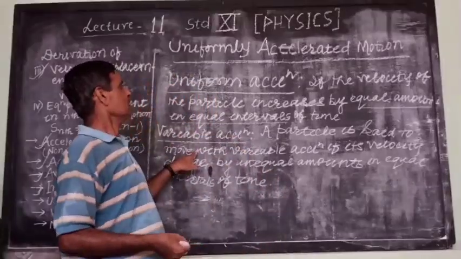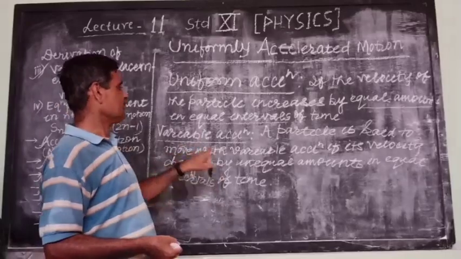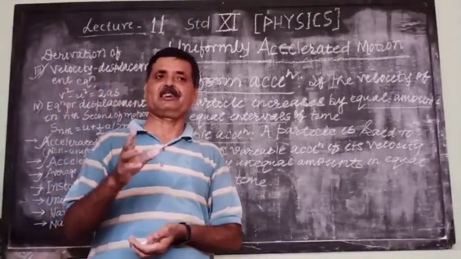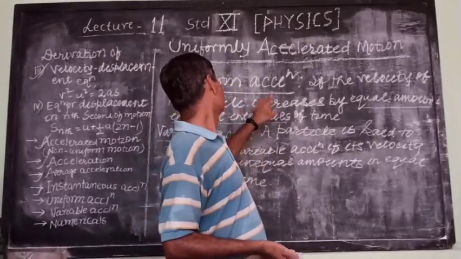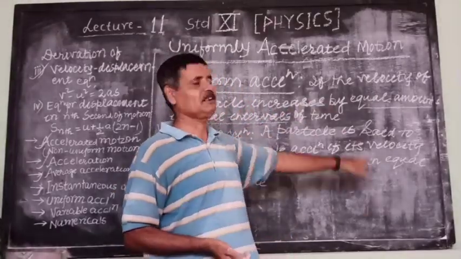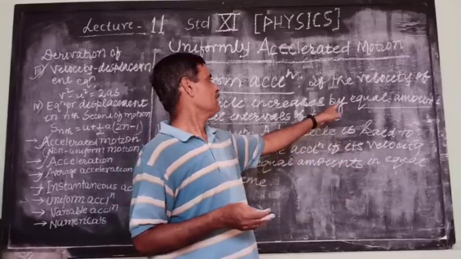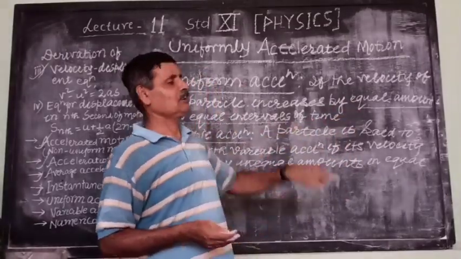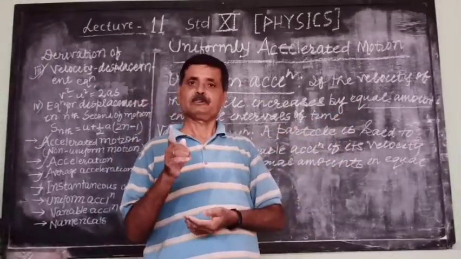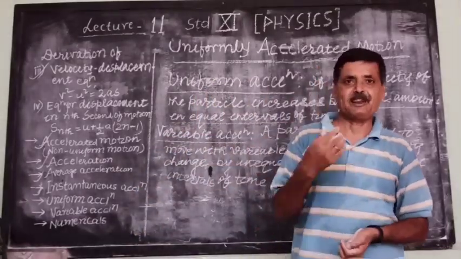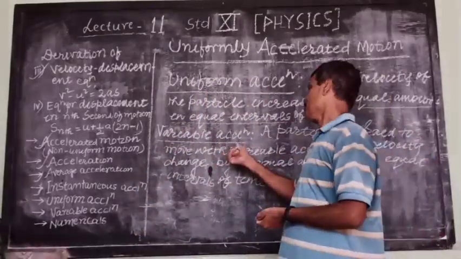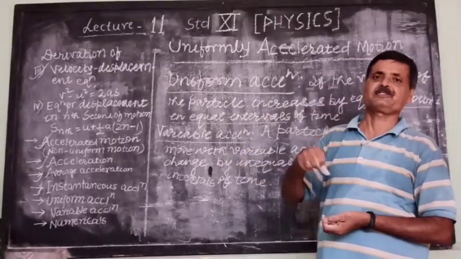Here are your uniform and variable acceleration. In case of uniform acceleration, the velocity of the particle increases by equal amounts in equal intervals of time. And last, that was variable acceleration. In case of variable acceleration, acceleration will vary.